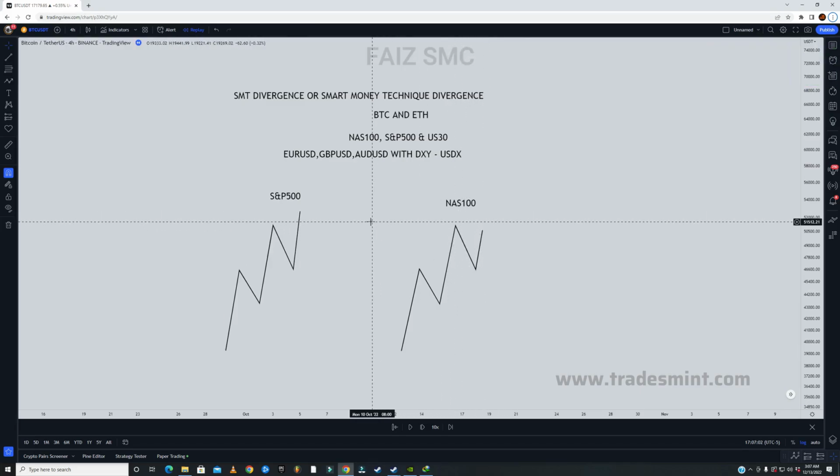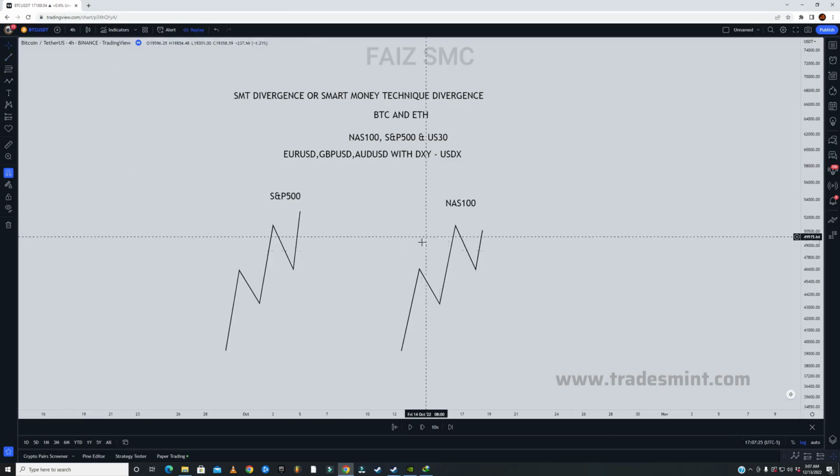I will repeat it again: NAS 100 failed to create a higher high, whereas S&P managed to create another higher high.